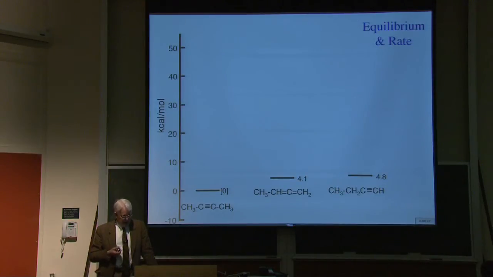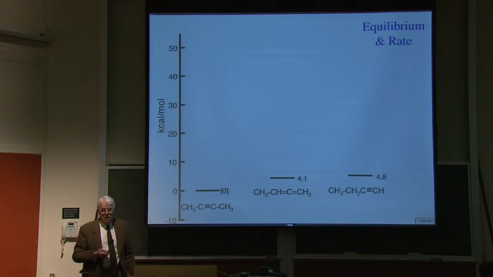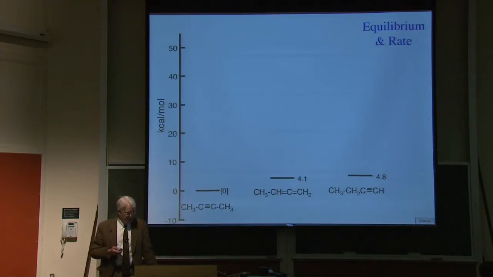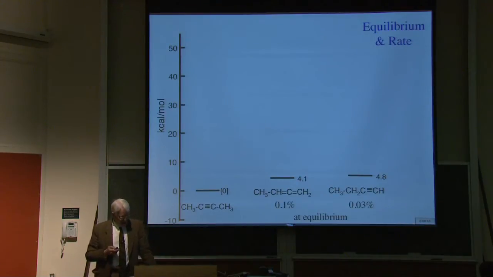And in the middle we have the diene version, the 1,2 diene. So at equilibrium you would strongly favor the internal acetylene, but how do you establish an equilibrium among these? You have to move hydrogens around.